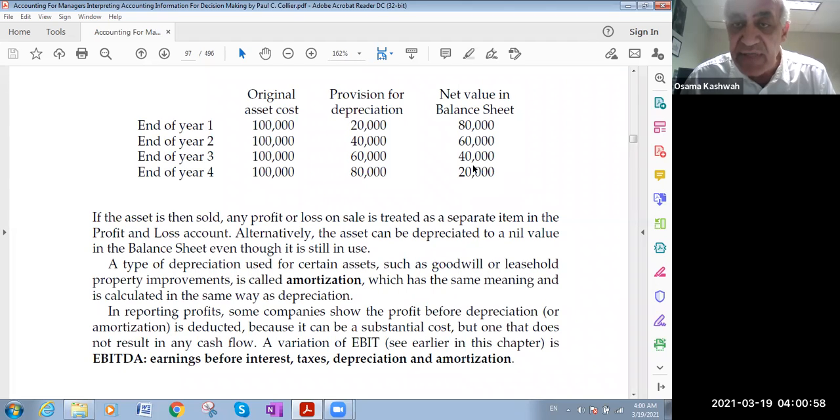So the asset's value at the end of year 4, which is the start of the 5th year, will be 20,000. This we call the table of depreciation. Okay.